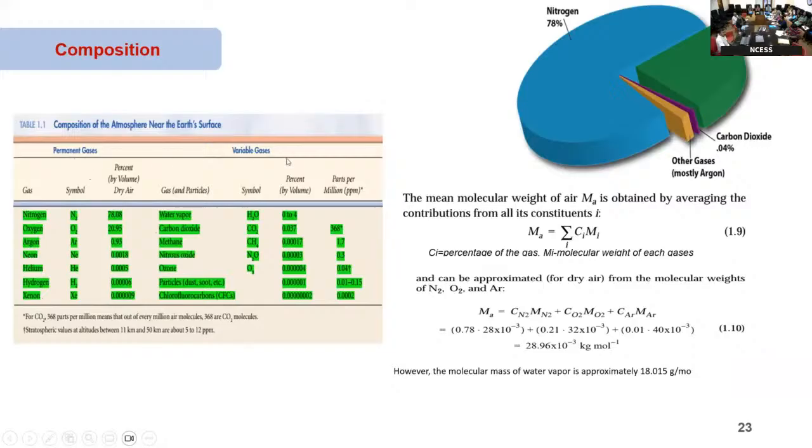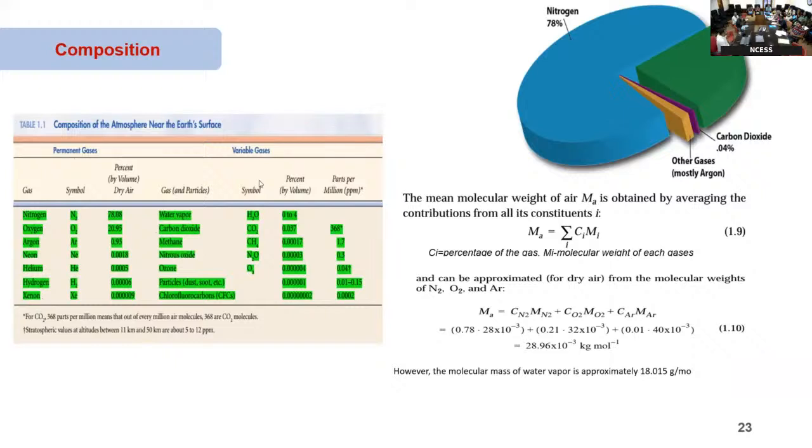At the same time, there are variable gases due to various processes of the atmosphere, like water vapor and other activity, and it will vary from 0 to 4 percent. Water vapor is one of the major greenhouse gases, along with carbon dioxide, methane, nitrous oxide, and ozone.